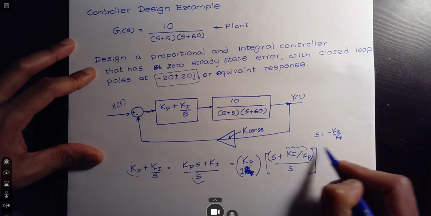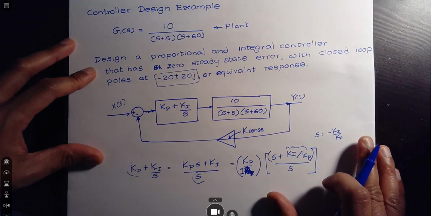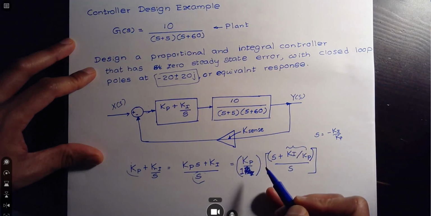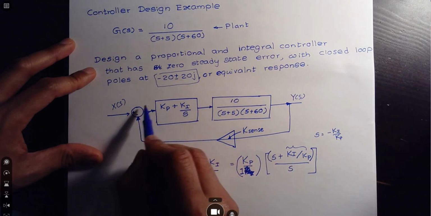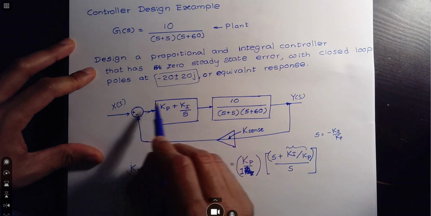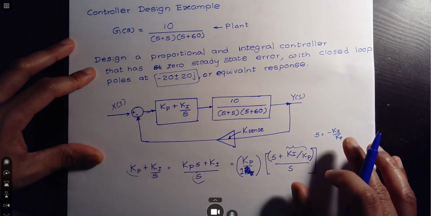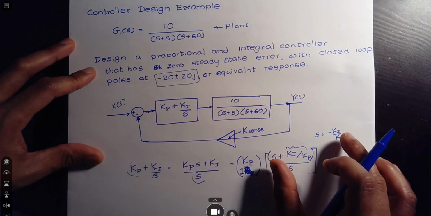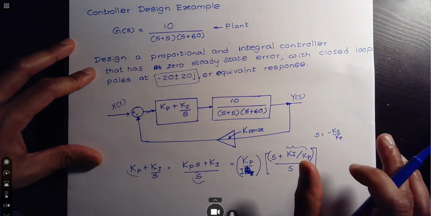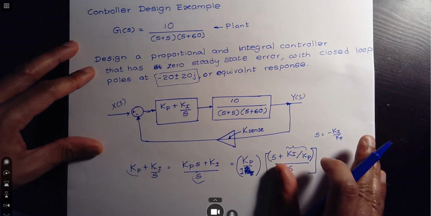Okay, this we don't know yet. That's part of the design. And then of course we don't know the Kp value, which is our gain term in that forward path, or gain that's in the controller. So those are the two elements that you will need to design in the process. Okay, so how do we approach this?